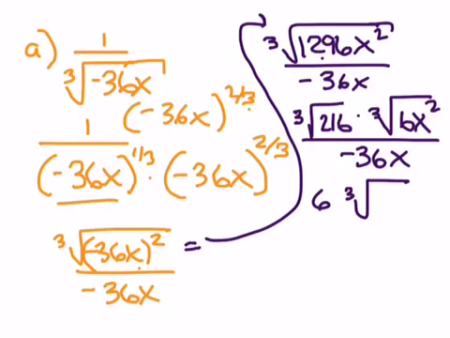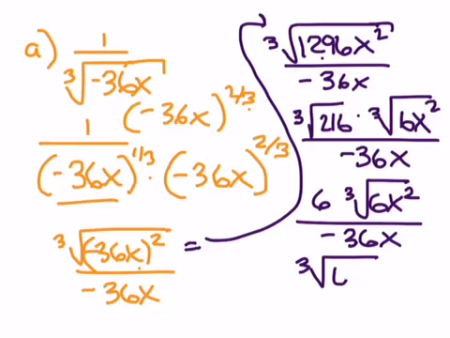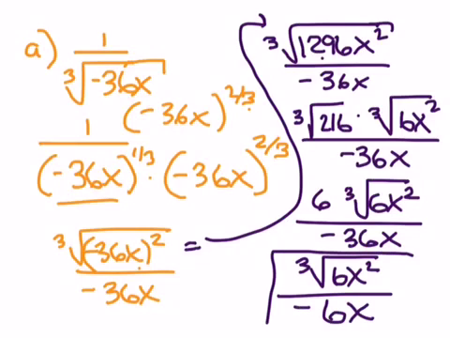So my almost fully simplified answer is this. Now if I simplify the 6 over negative 36, I get the cube root of 6x squared over negative 6x.